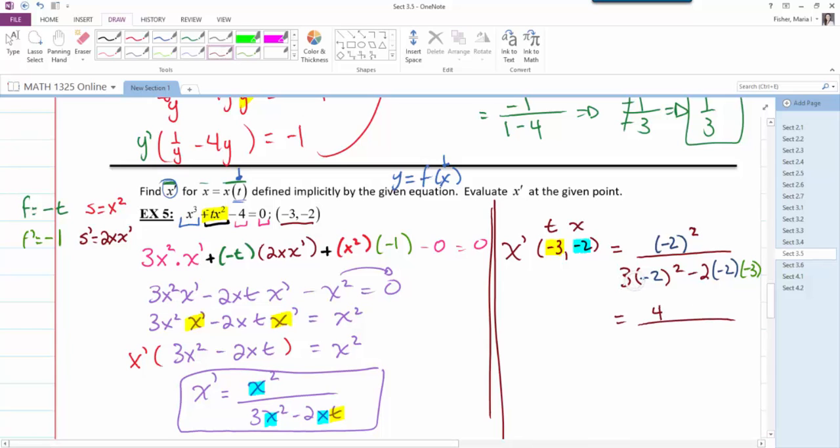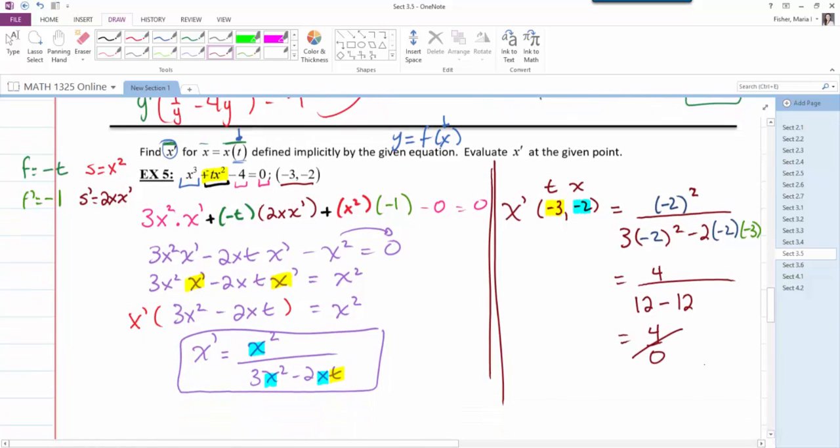And then this is going to be 3 times -2 squared is 4, so 3 times 4 is 12. And then we have -2 times a -2 is a +4. And a +4 times a -3 is a -12. So I get 4 over 12 minus 12. Well, 12 minus 12 is 0, and I get 4 over 0.